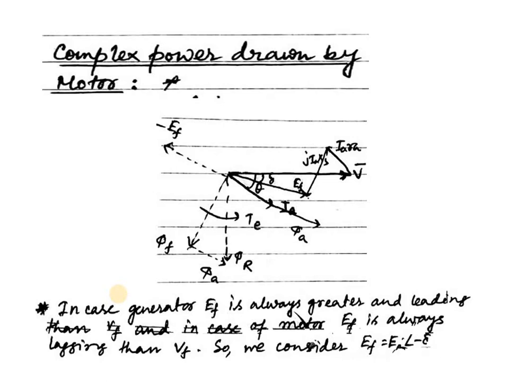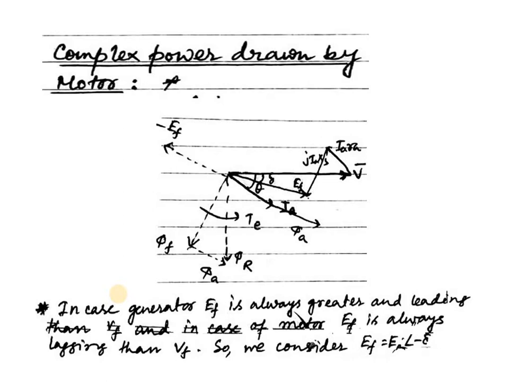The voltage drop in the synchronous reactance is IaXs, and the phasor of minus jIaXs is shown here, in a direction perpendicular to the phasor of minus IaRa.